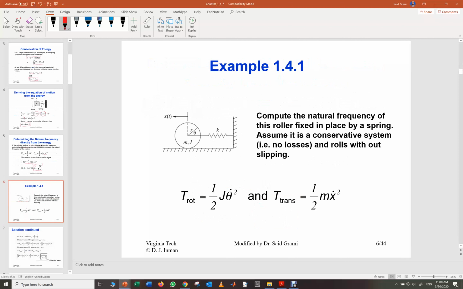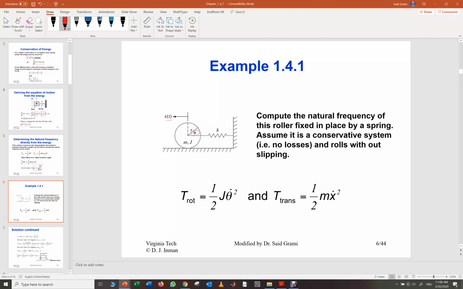Another example: compute the natural frequency of this roller fixed in place by a spring. Assume it is a conservative system, that means no losses, and it rolls without slipping. Here we have a disc attached to the spring, and when the disc rotates, the displacement of the spring is noted by x of t, and the rotation of the system is noted by theta of t.